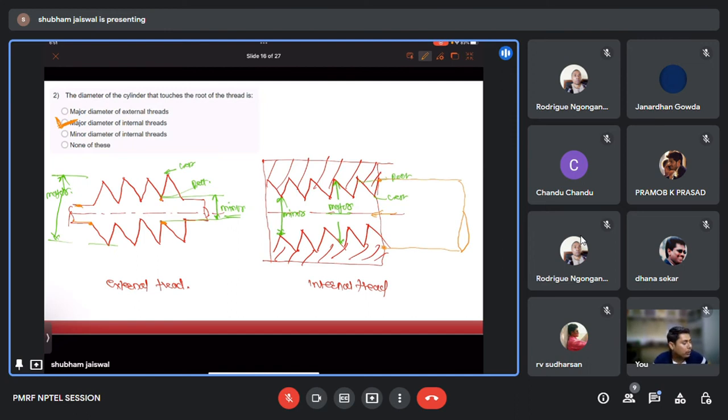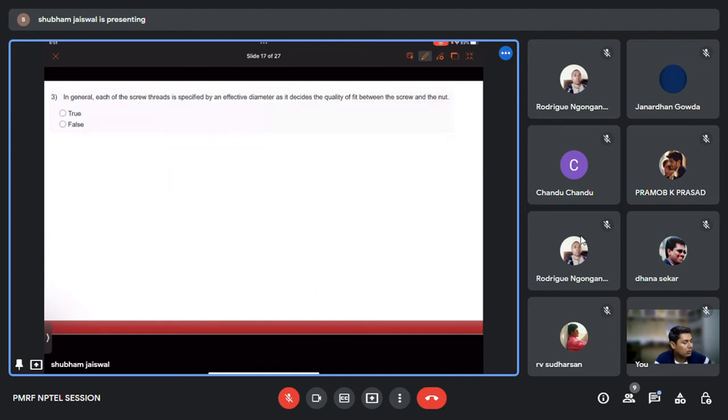So moving to our next question. In general, each of the screw thread is specified by effective diameter as it decides the quality of fit between the screw and the nut. True or false? Anyone?